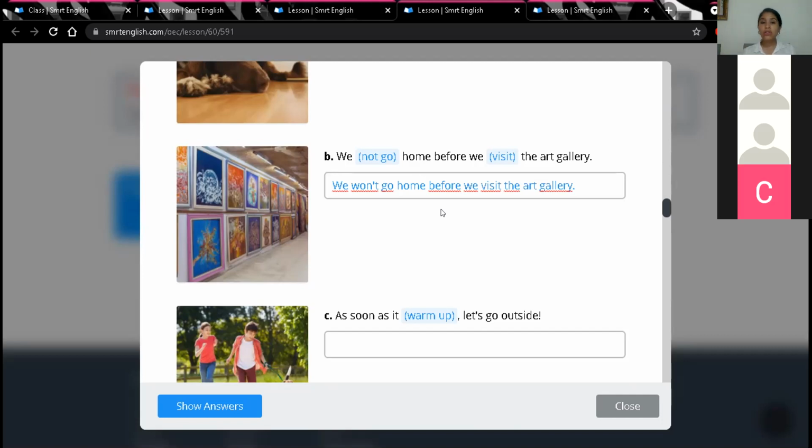If we say we won't go home before we visit the art gallery, you're saying that you really don't want to go home before you do that. If you say we shouldn't go home before we visit the art gallery, you're just saying it's something you would like to do, but you're not saying that it's going to happen.